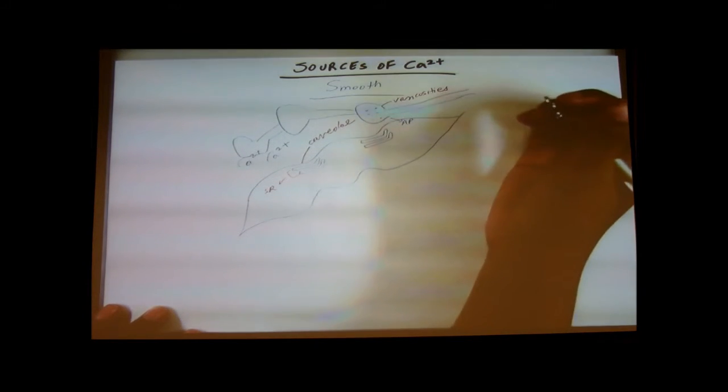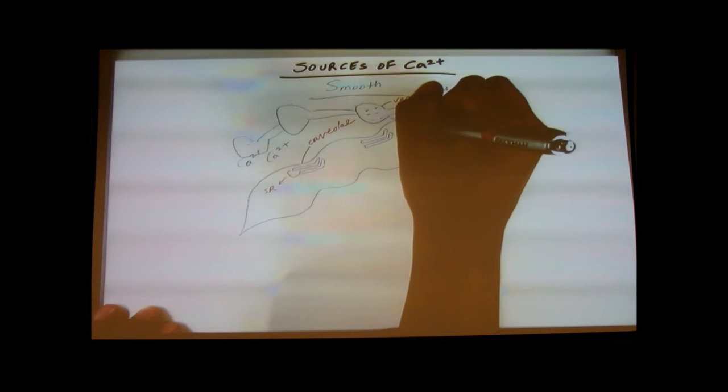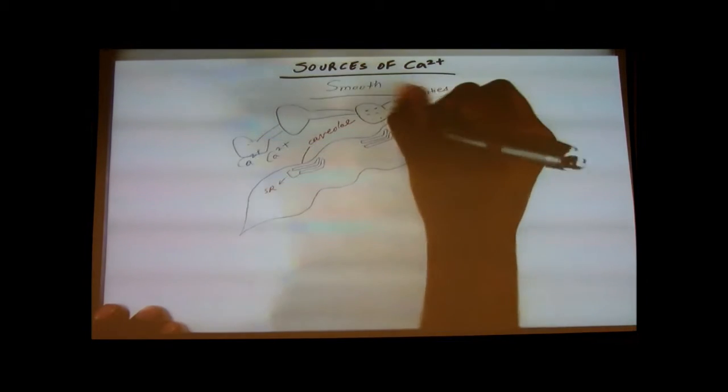They could have graded potential, or what's called junction potential, to flow through gap junctions.